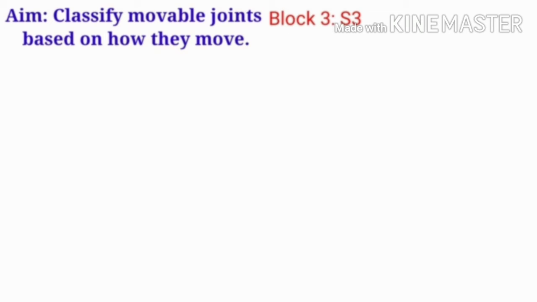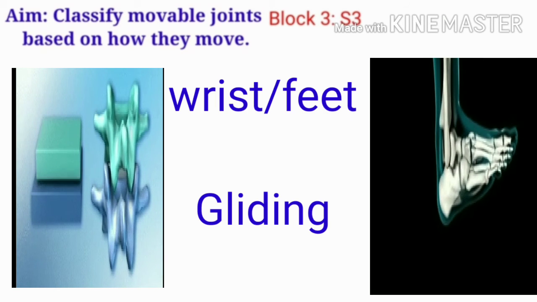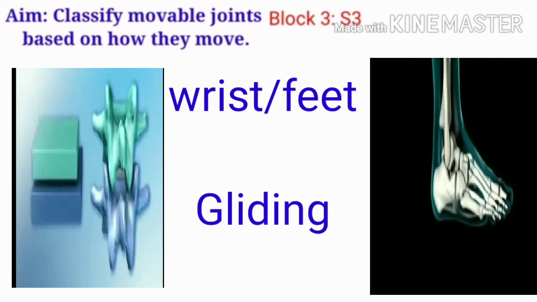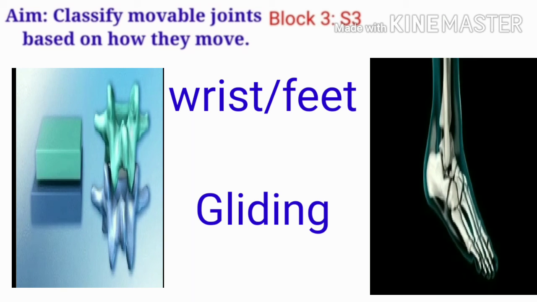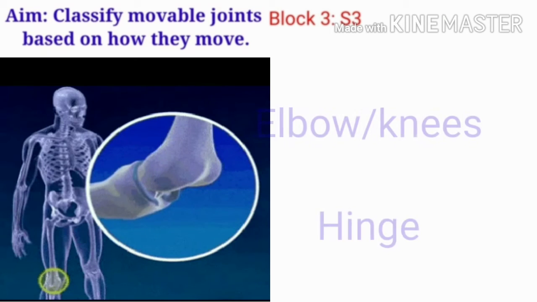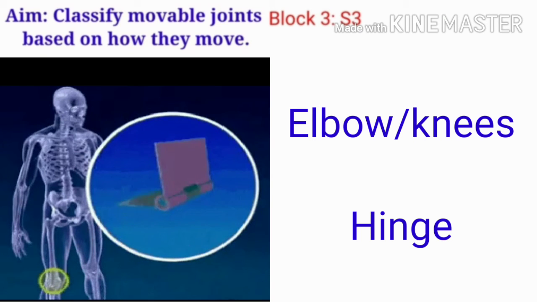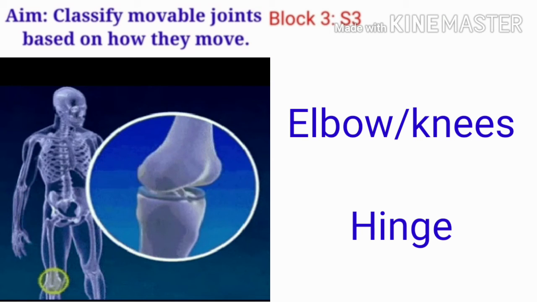Next, our wrist and feet can slide over each other, allowing the sideways movement. So these are called gliding joints. At last, the elbows and knees can move only in one direction or bend. So they are like hinges in doors. They are called hinge joints.